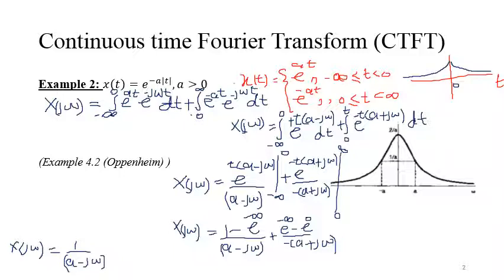This minus and this minus becomes plus, so I write plus 1 over a plus j omega, right?